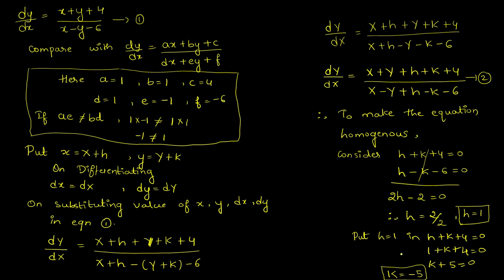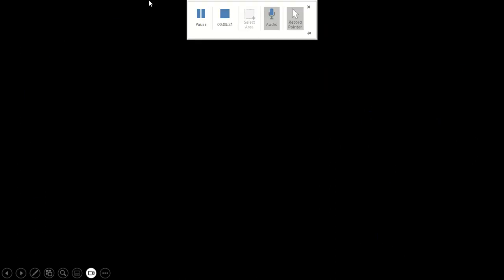So these values we need to keep as they are, and then since we have considered these constants as 0, what does this equation change to? It changes to dY by dX is equal to (X plus Y) by (X minus Y).